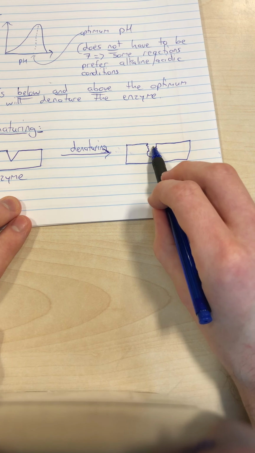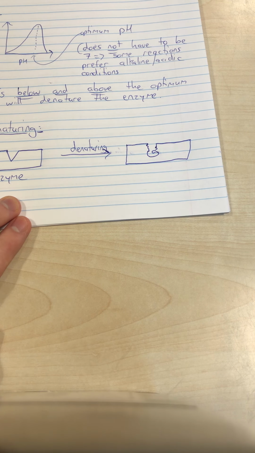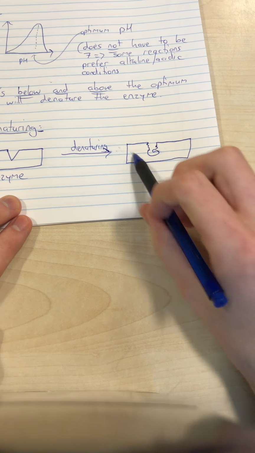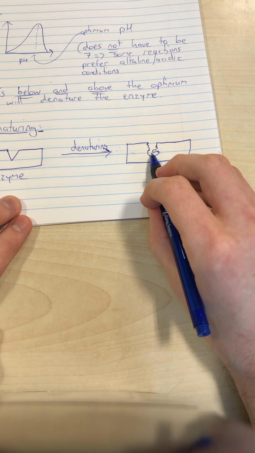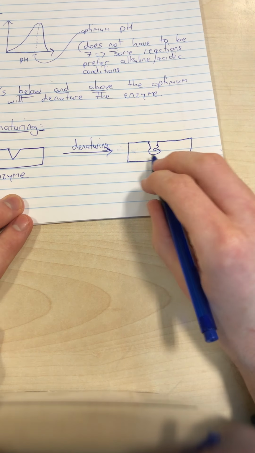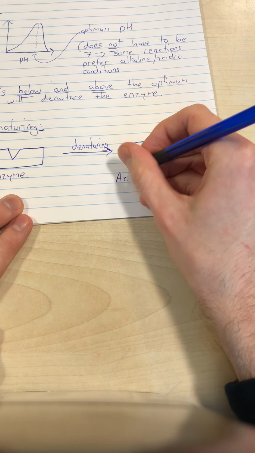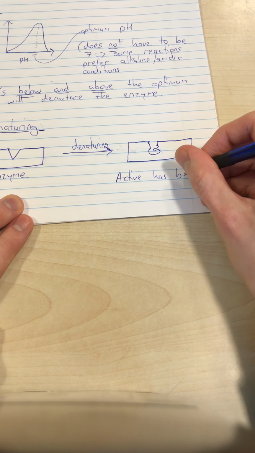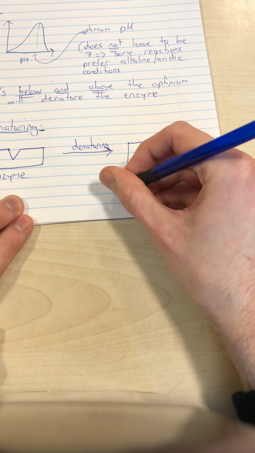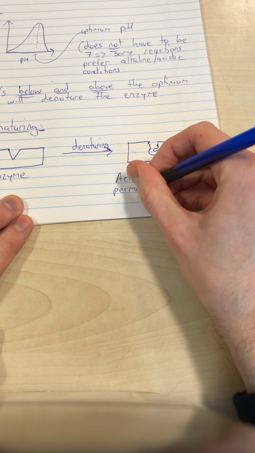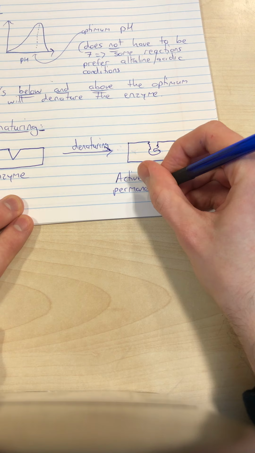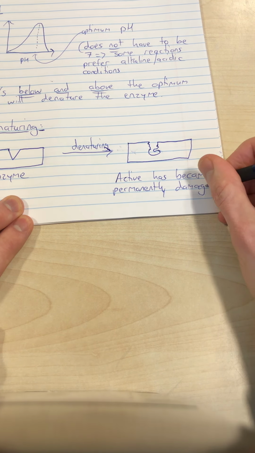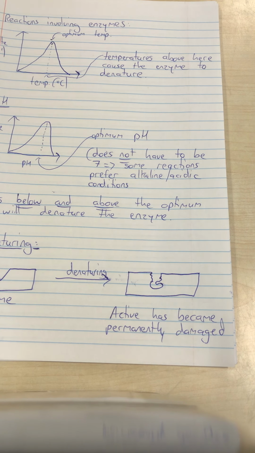Once that shape's damaged, think of if you heated a bit of plastic, once it starts to melt and change shape, you're not going to get it back perfect. So, active site has become permanently damaged.